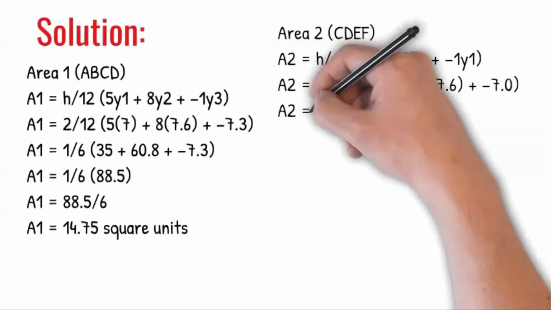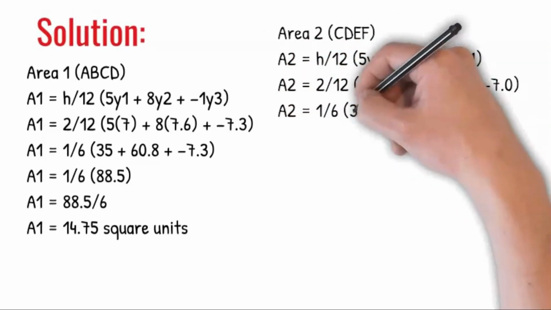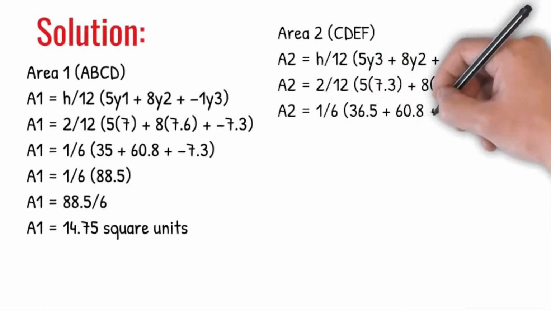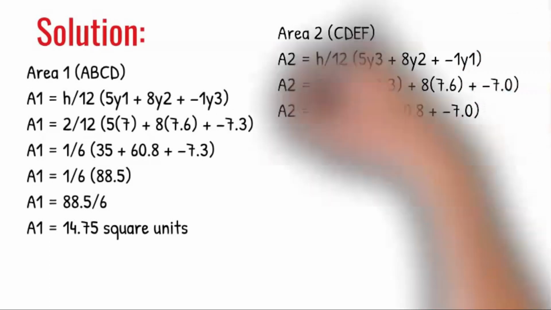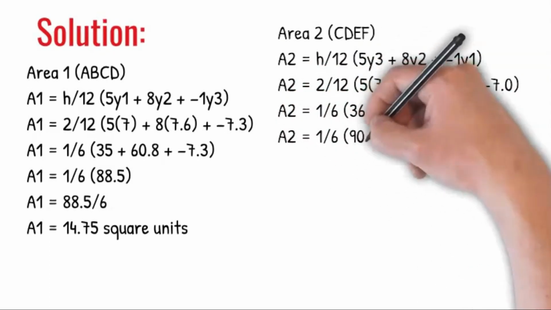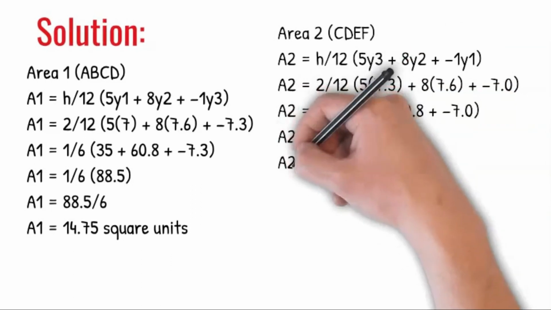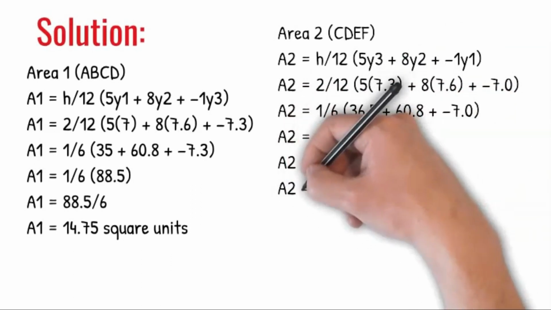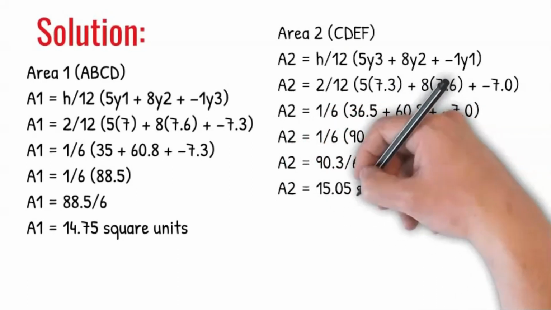Area 2 equals 1/6 times the sum of 36.5 plus 60.8 plus negative 7. Area 2 equals 1/6 times 90.3. Rearranging them, 1 times 90.3 divided by 6. The result will be 15.05 square units.